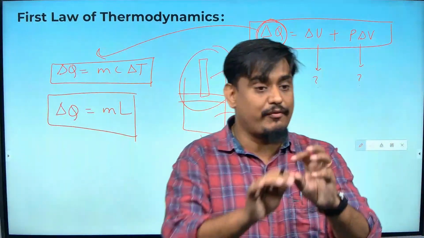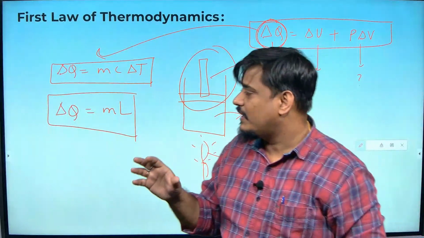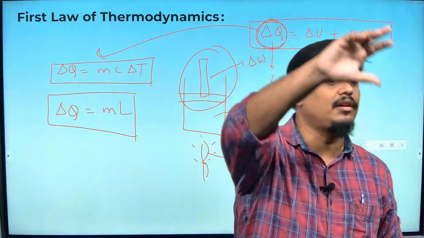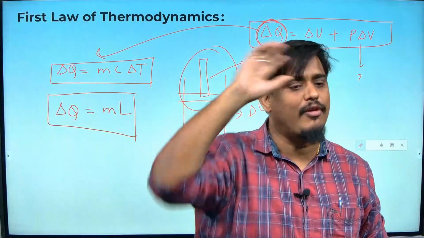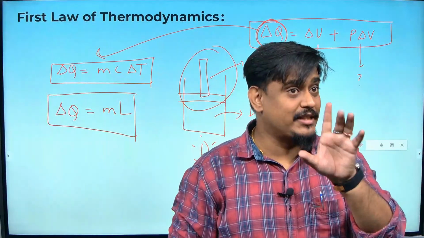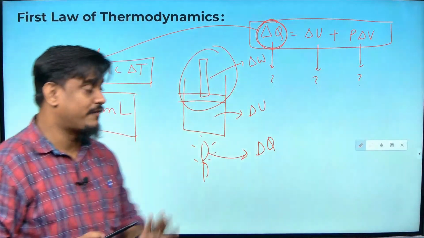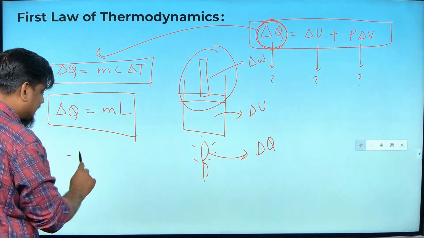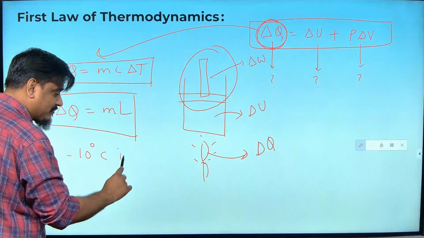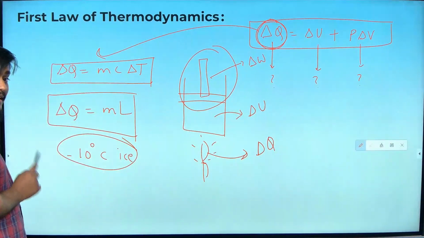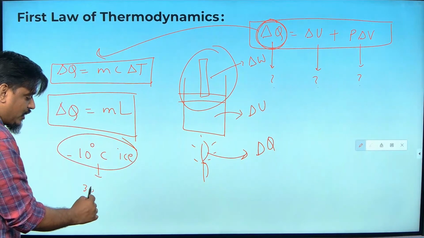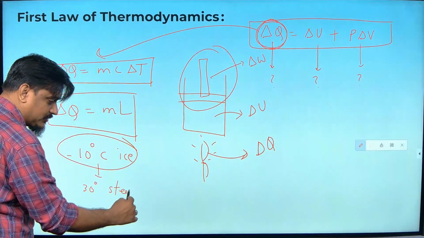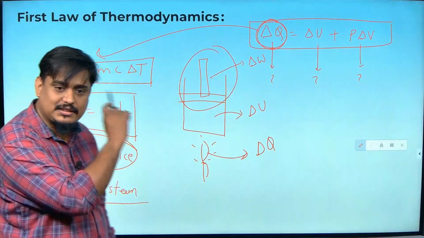So understand, if a question is given to you where ice is getting converted into steam, or let me make it simple, ice is becoming water. Please pay attention, everybody. I will ask questions from you after this. So if you have minus 10 degrees Celsius ice and you are making it into 30 degree steam, let me assume this process.